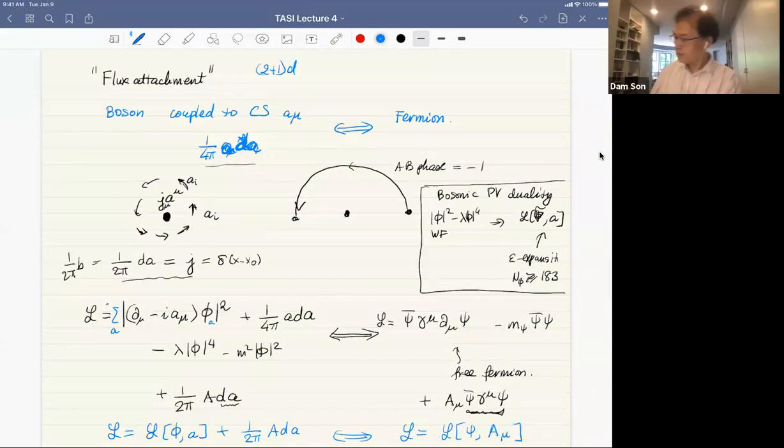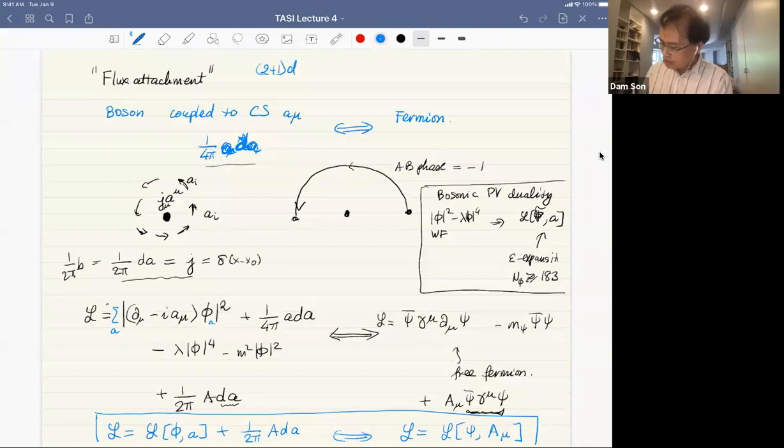A is our external field. Okay, so let me call that equation 1. It's a statement of what we'll call a seed duality. And from this seed, we are going to obtain some further consequences.